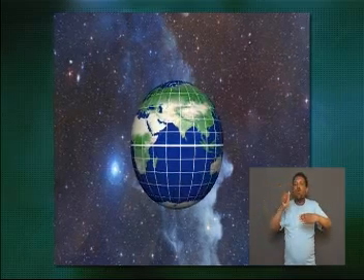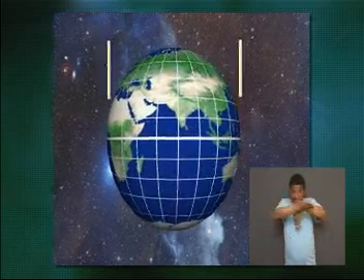Welcome back, students. I am sure you had no trouble answering this question. The most accurate portion of a map created by cylindrical projection lies along the equator. The distortions increase polewards from the equator.